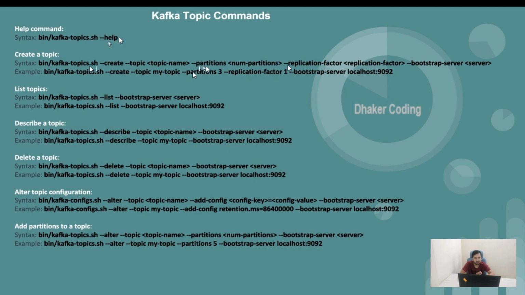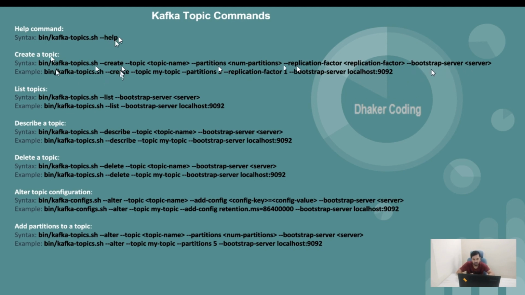Then --replication-factor, which is how many replicas I want to create for that topic, followed by the number of replicas. Then which broker we want to run this topic on, so --bootstrap-server and the server name.